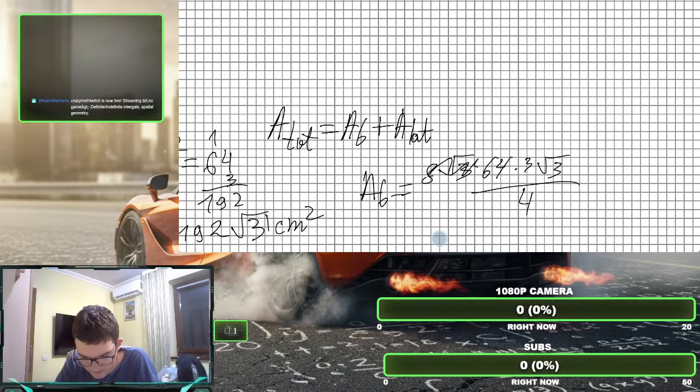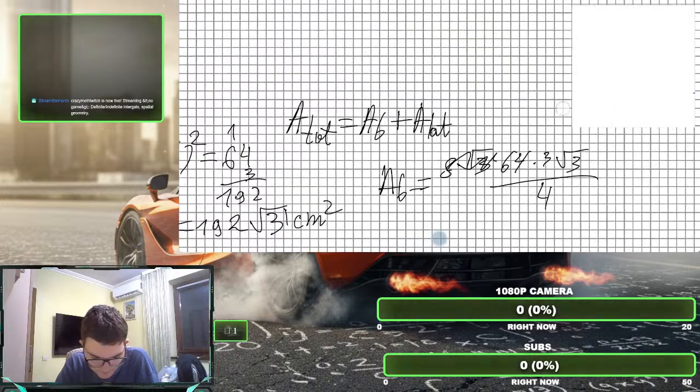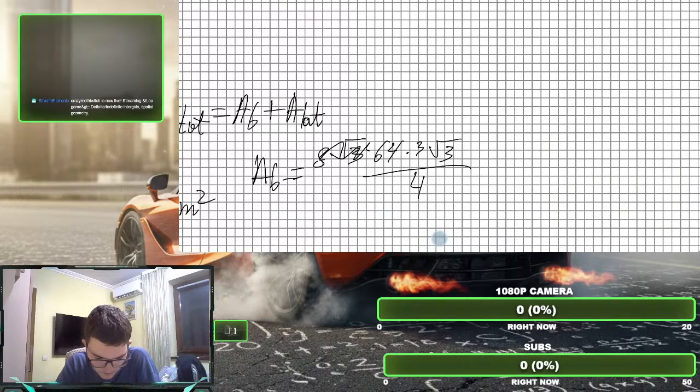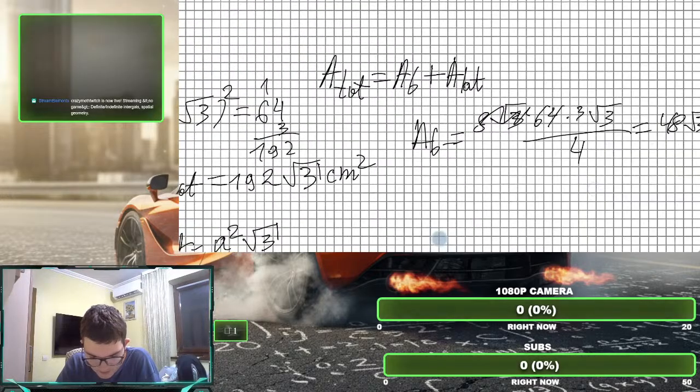But why that? Oh, yeah. So it's 48 square root of 3. That's area of base.